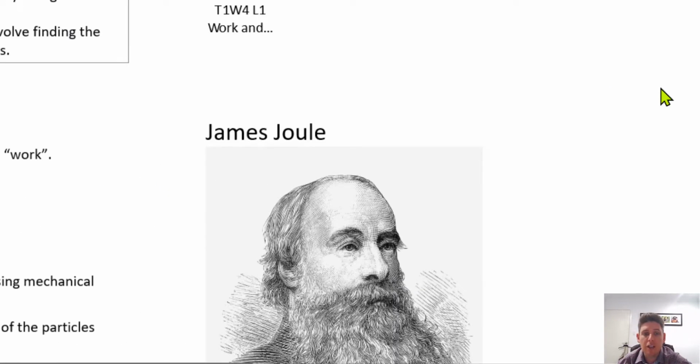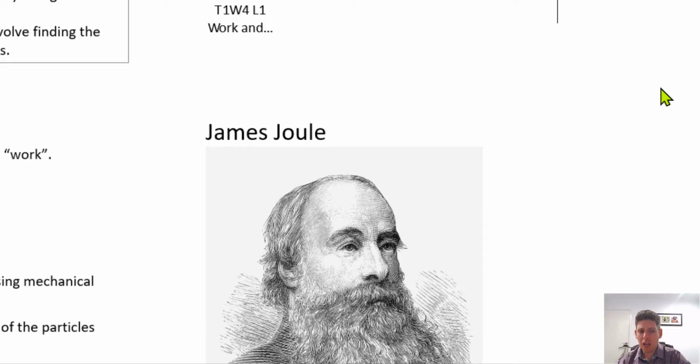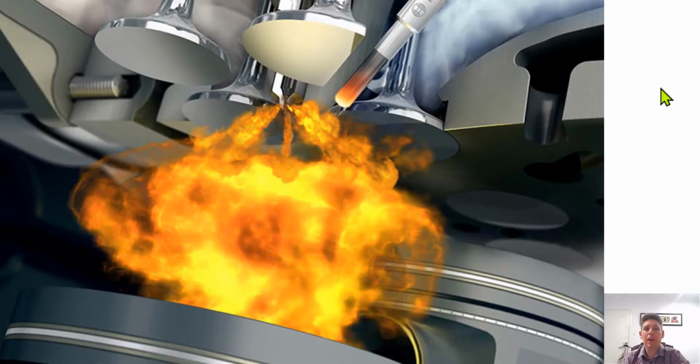Now he found that when you move water through a paddle, the water starts to heat up. So the mechanical work, mechanical energy converts to heat energy. Likewise, maybe you'll become a mechanical engineer and you'll work with combustion engines.